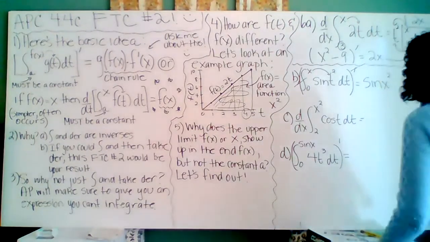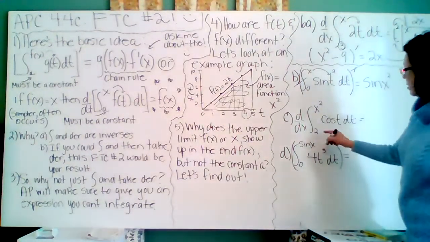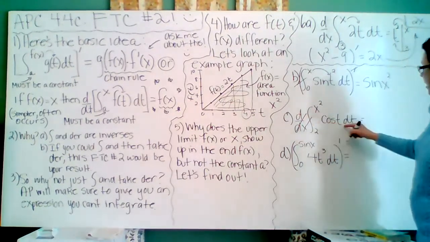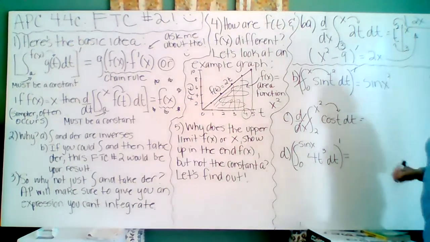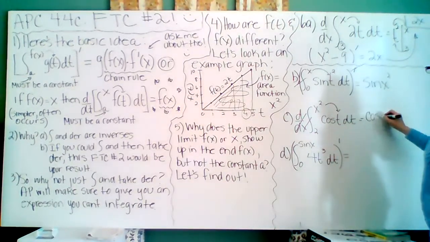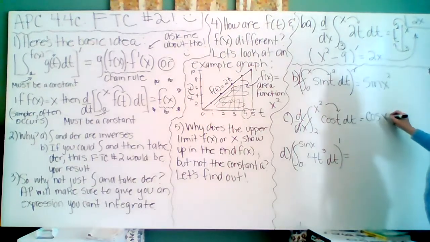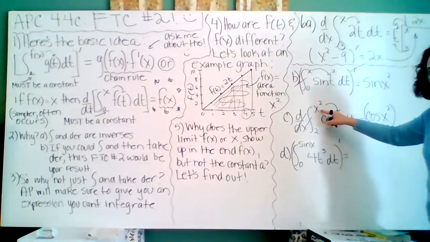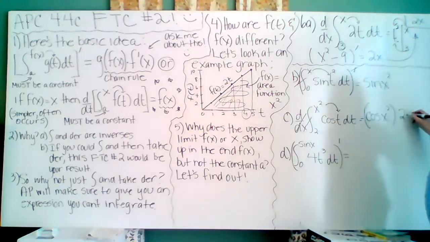So I know then that I can use FTC number 2. The derivative and the integral cancel out. I'm left with the original function evaluated at the upper limit times the derivative of the upper limit.